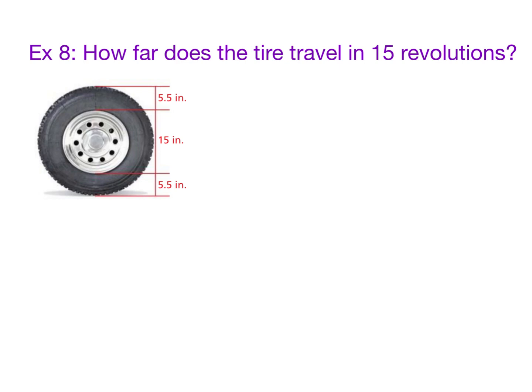Okay? So if I spin this one whole time, that distance should be the same distance as the circumference, right? So think about it. I find the circumference. That'll tell me the distance all the way around the circle. Then if I spin that tire one whole time, it should travel that same distance as the circumference.